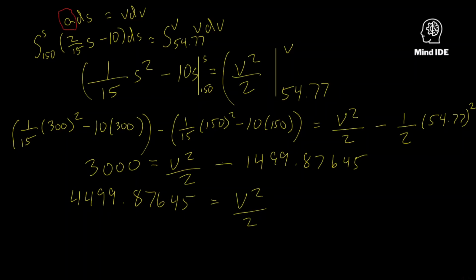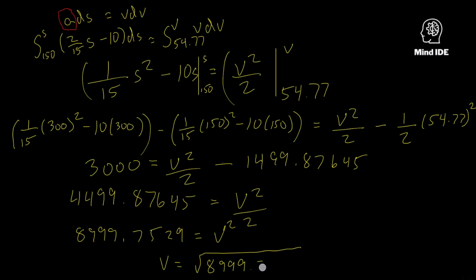This number times 2 is 8999.7529, which equals v squared. Therefore, v is the square root of that number.